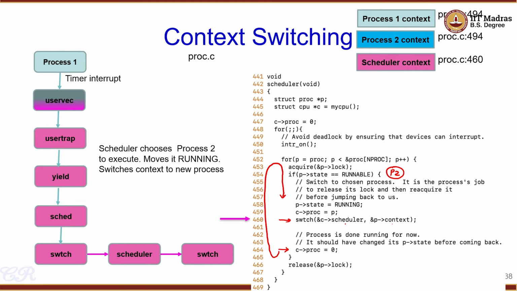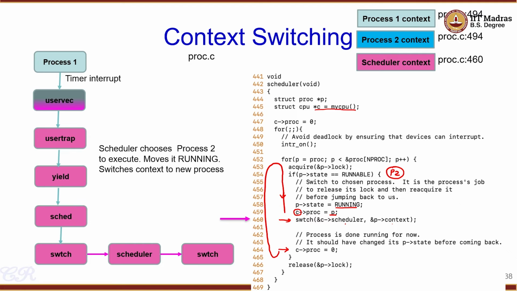So, this p essentially points to the process proc entry or the PCB for P2. It sets the state for P2 to be running and sets c proc to be equal to p. So, c corresponds to the current CPU, which is set over here, my CPU, and we are just saying that the current CPU or the current hart is running process P2.